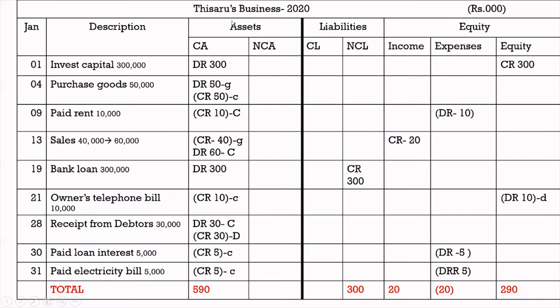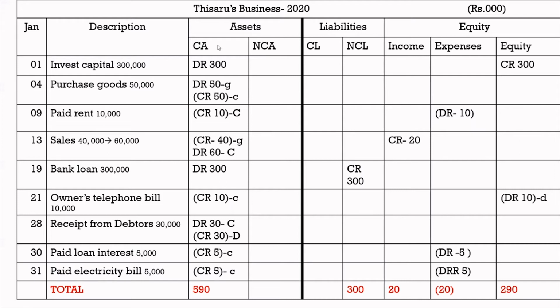This is Tisaru's business for the year. We mention it and then we mention the value. I have developed the assets equal liabilities plus equity equation, but under current assets, non-current assets, current liabilities, and non-current liabilities, you can expand it.